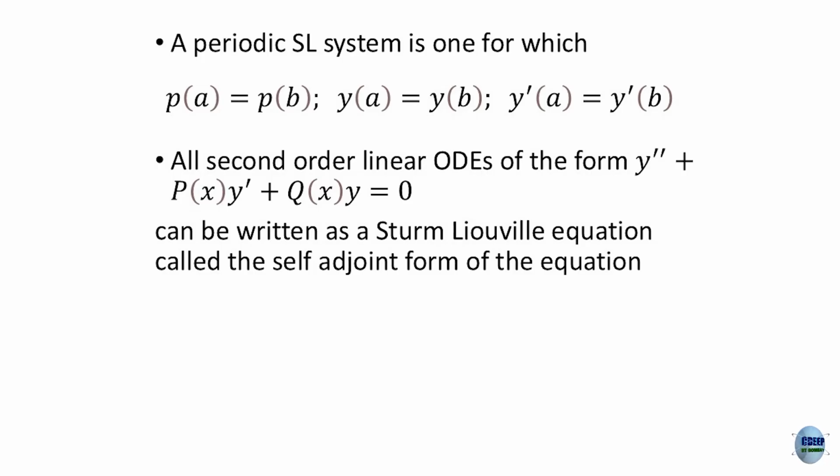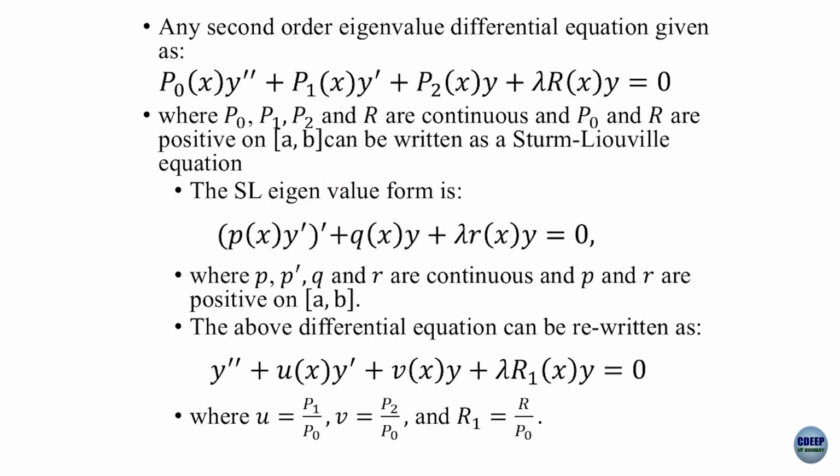So the Fourier series comes out if we are talking about a periodic function. I'm not going to do the algebra, you can just look at it here. It says that any second order eigenvalue differential equation given like this can be written in the Sturm-Liouville form.